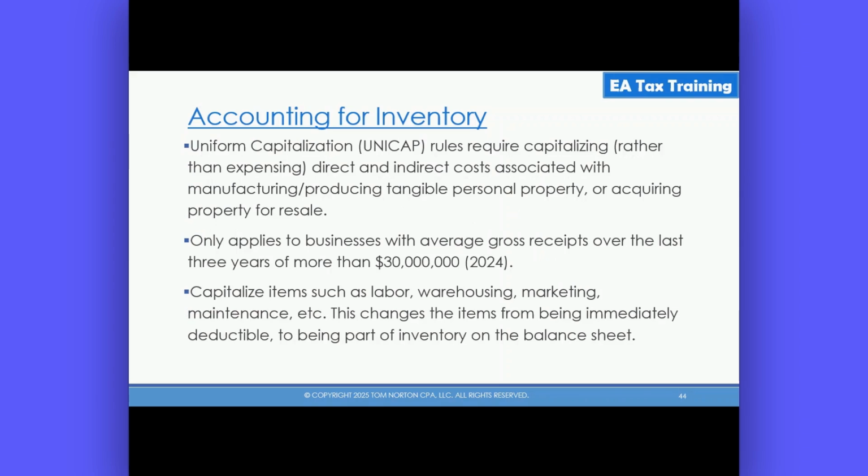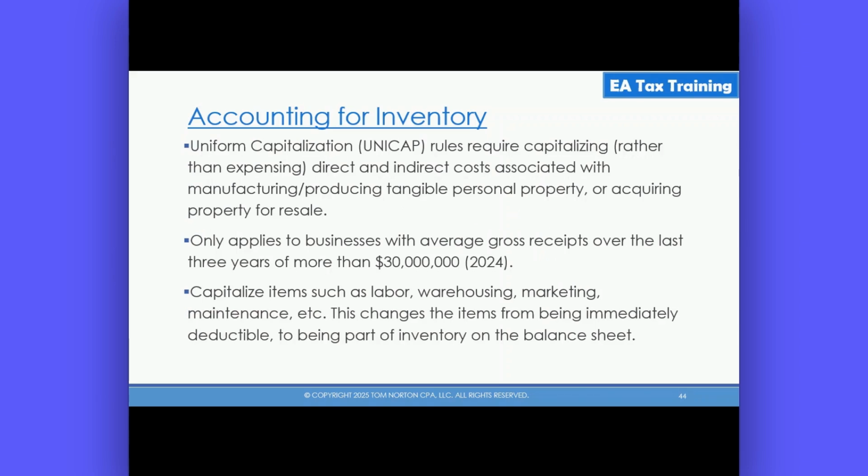Uniform capitalization, or UNICAP. Uniform capitalization requires capitalizing rather than expensing direct and indirect costs associated with manufacturing or producing tangible personal property or acquiring property for resale. It only applies to businesses with average gross receipts over the last 3 years of more than $30 million.